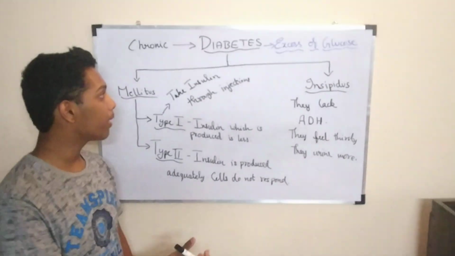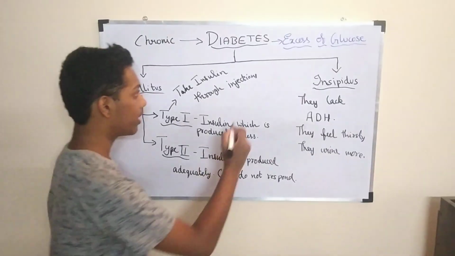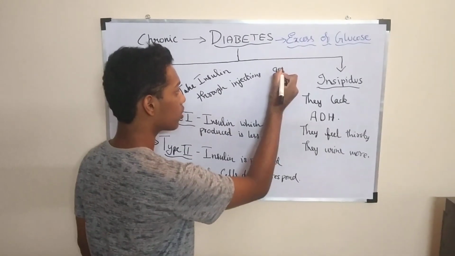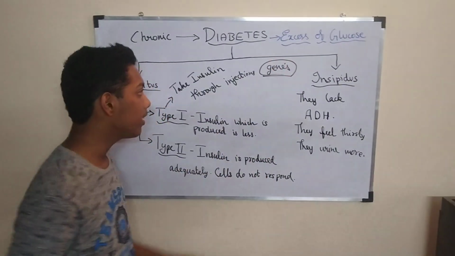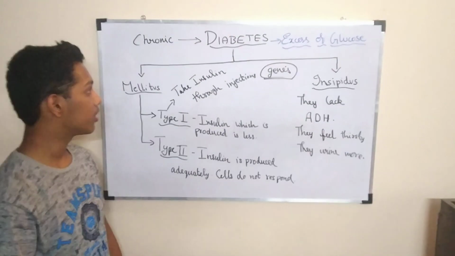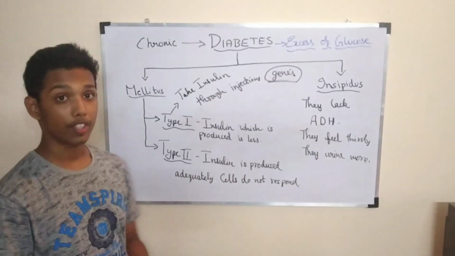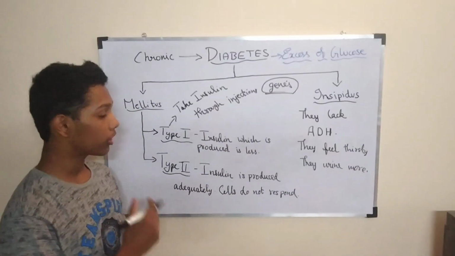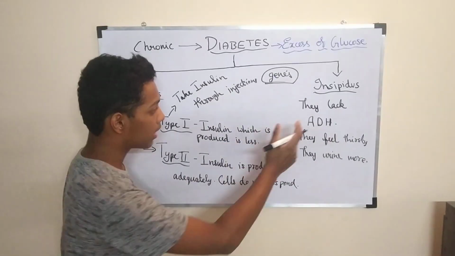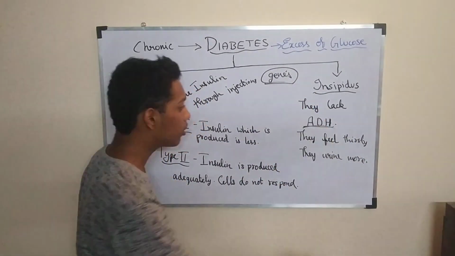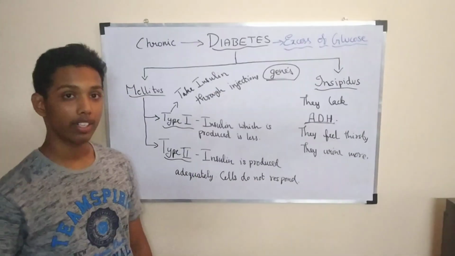All these reasons can mostly be due to genes. Remember that because of genes, all these diseases are caused. The main thing is genes. I'm sure you've understood the classification of diabetes, the function of insulin, and the hormones insulin, glucagon, as well as the main hormone ADH, which is produced by the pituitary gland, as I said.